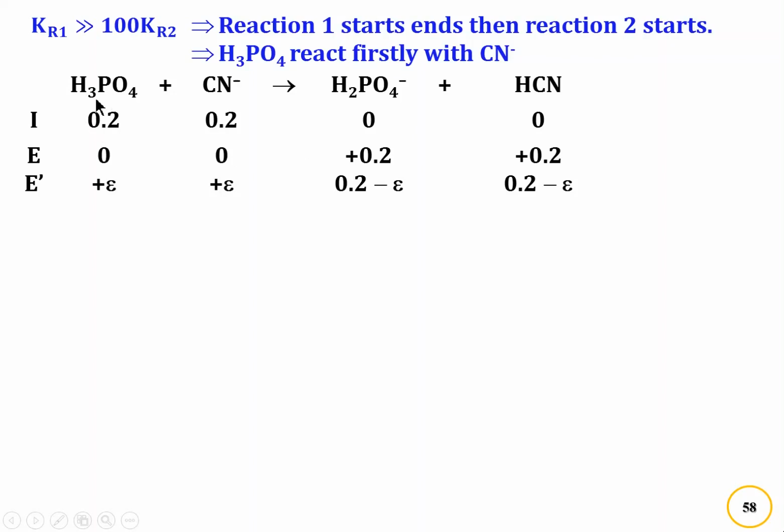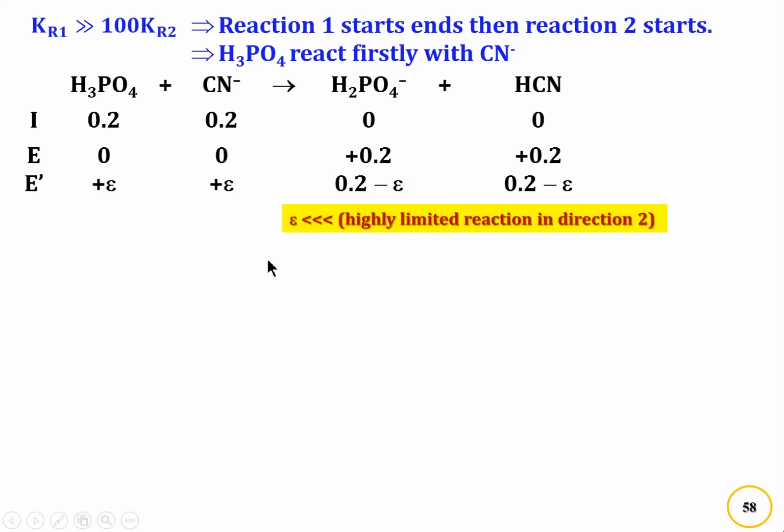So what are the concentrations of H3PO4 and CN- remaining? When the reaction is complete in direction 1, the reaction is very limited in direction 2. So at t equals infinity, the reaction proceeds backward, but this reaction, as I said, is very, very limited. So we have 0.2 minus epsilon, 0.2 minus epsilon, and epsilon, and epsilon.